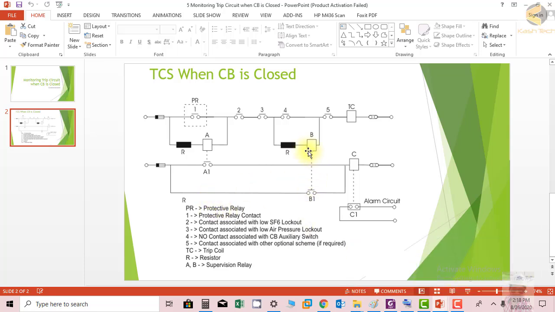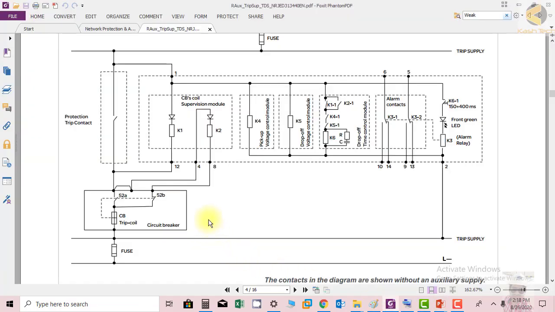And from here through the resistor it is going to coil A, and positive is coming from the resistor to the trip coil and to coil B. So in fact this is the same diagram, and here you can see it is more electronic based. Instead of resistors, they are using diodes here to stop the flow of current in the reverse direction.